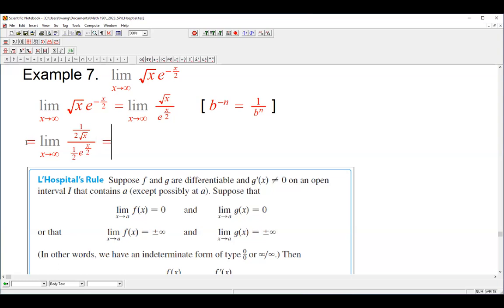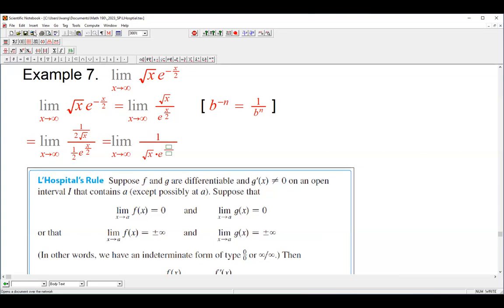So the next step we have the limit, right? And the half and half is gone. So we have 1 over square root of x multiplied by e to the power of half x.